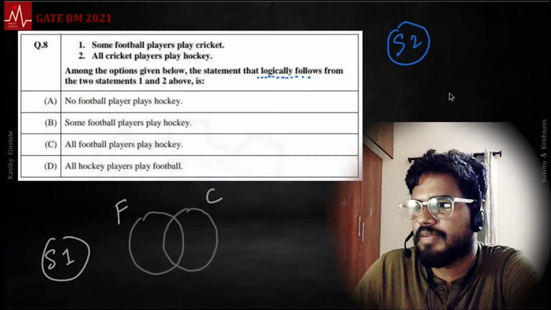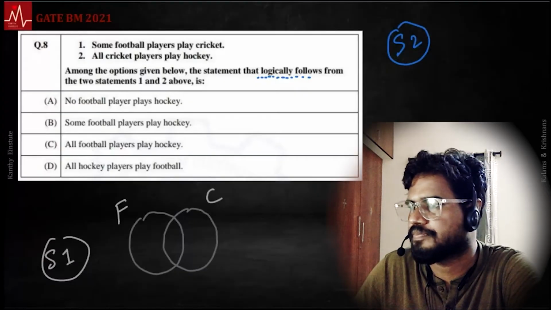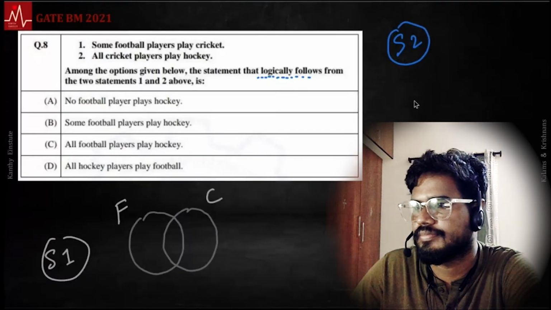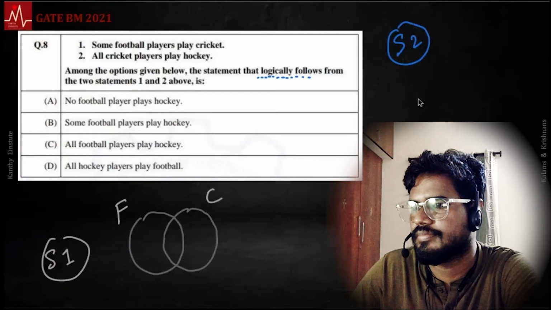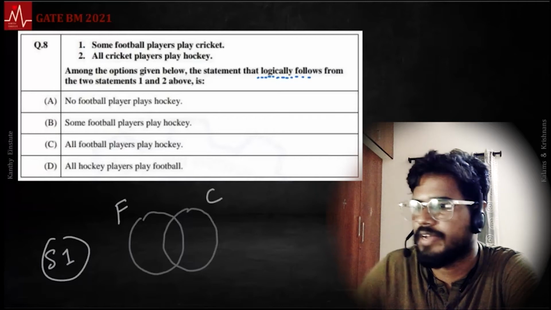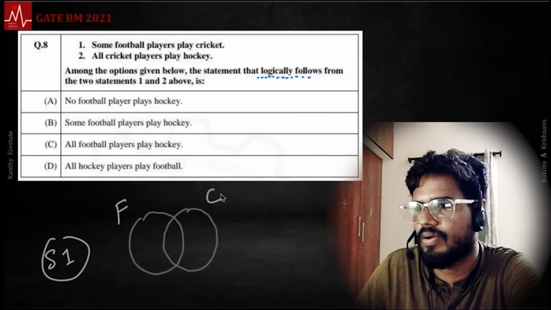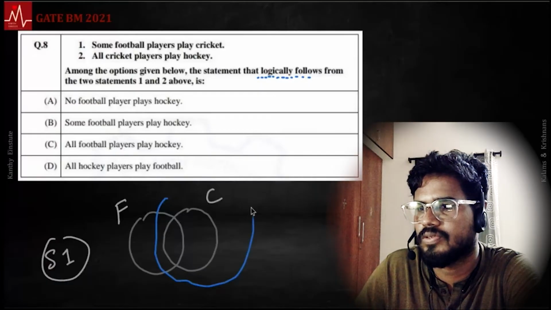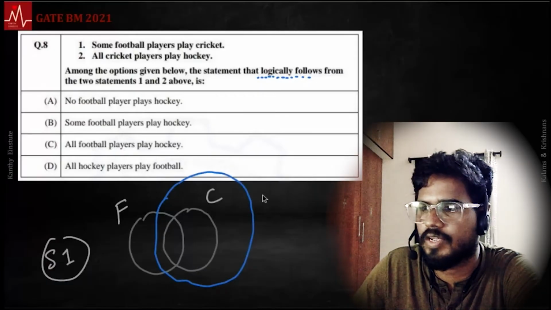Statement two: all cricket players play hockey. Kind of my color became necessary. I'll have to draw that over there. All cricket players play hockey. Cricket players are contained in hockey.